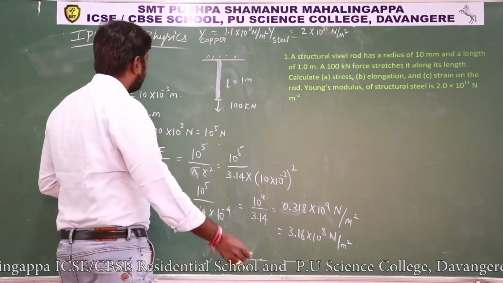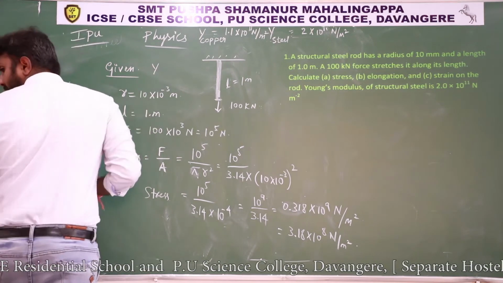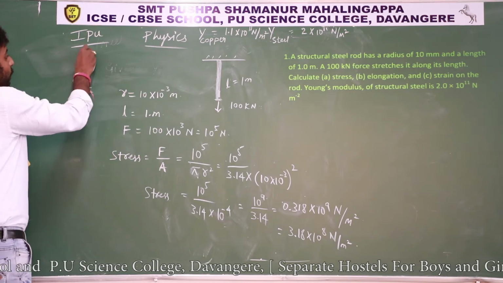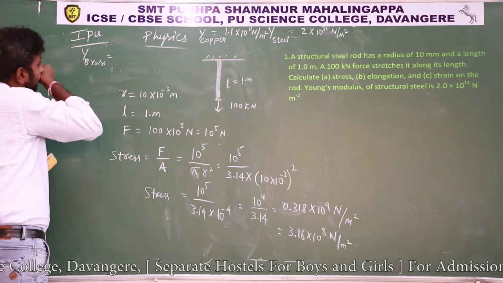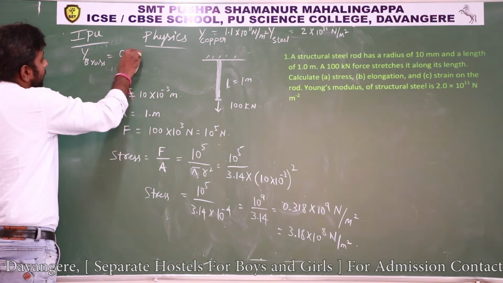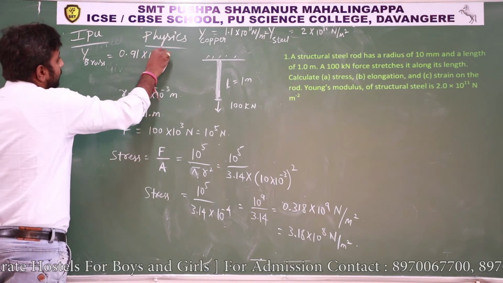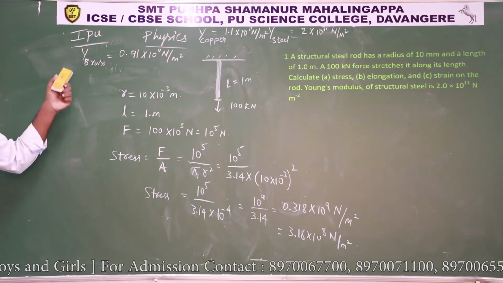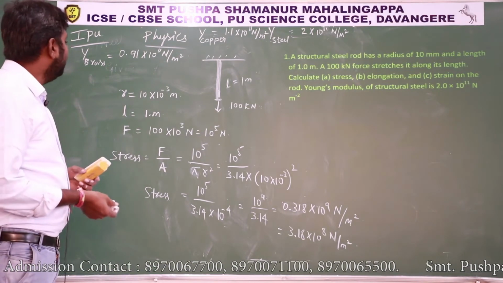Young's modulus for brass, Y brass, is 0.91 into 10 to the power 11 Newton per meter square. These are the Young's modulus values of copper, steel and brass.